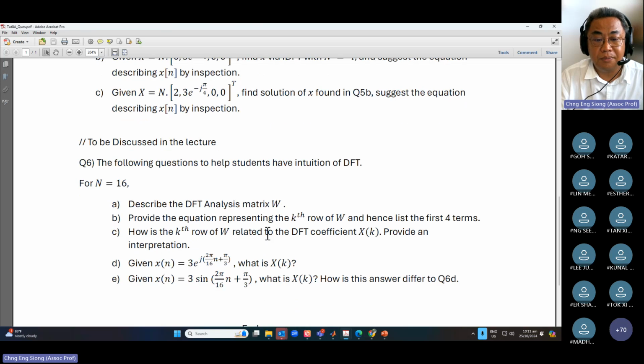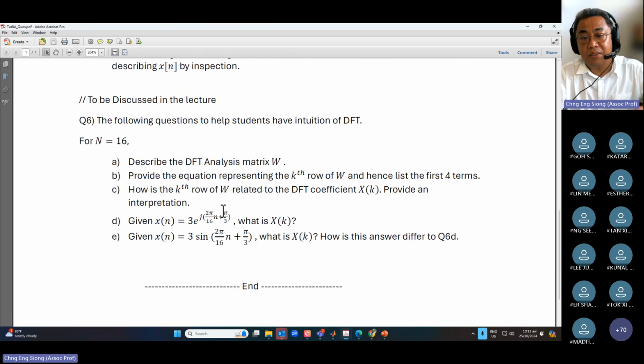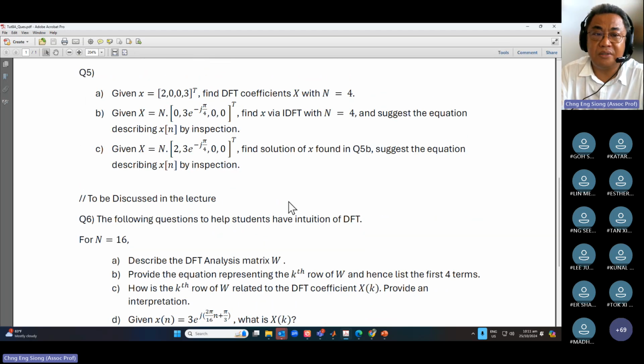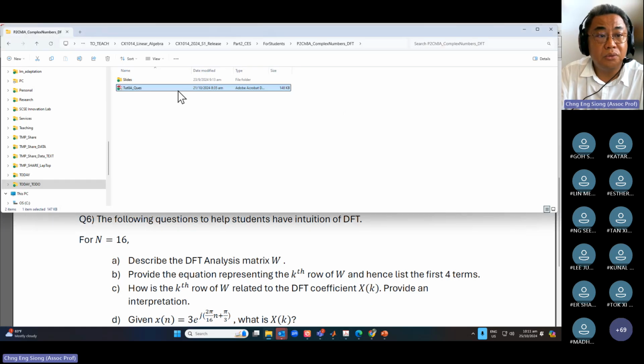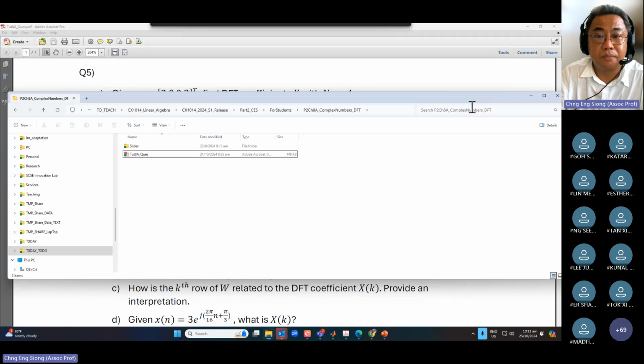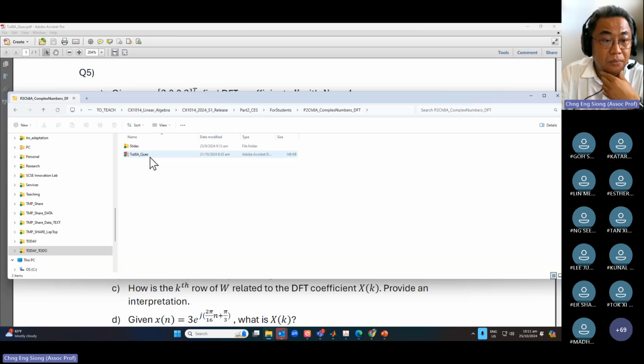I will discuss this completely so that we actually revise this again. Question 5 is trivial, really, but if you really have a problem, we can do question 5. And this will be the type of quiz question that we are expecting, and it's only N equals 4. I'll show you the solutions on Monday.